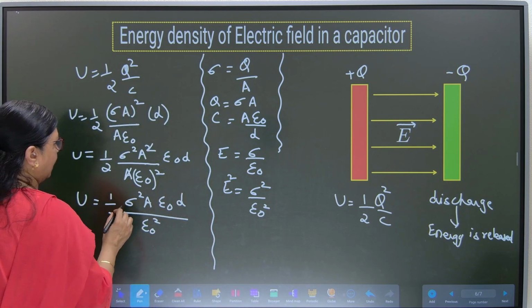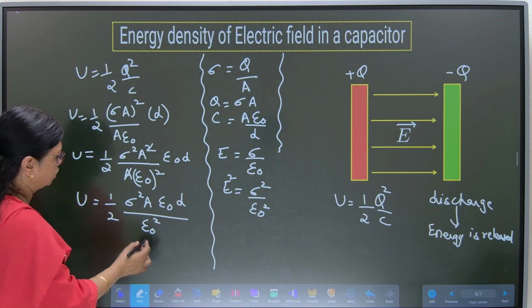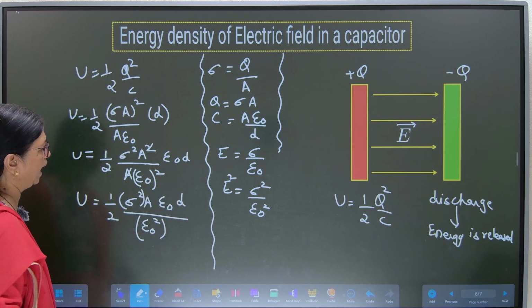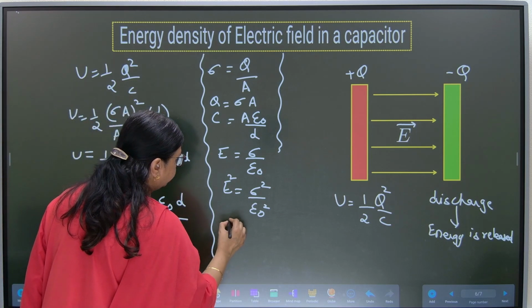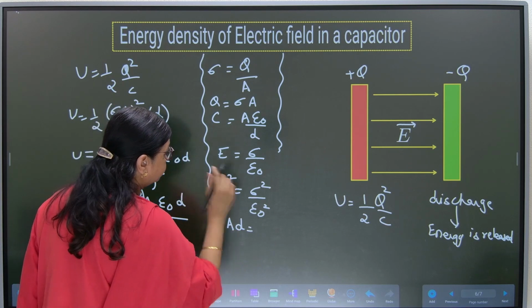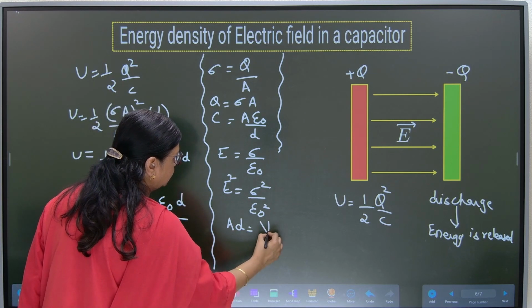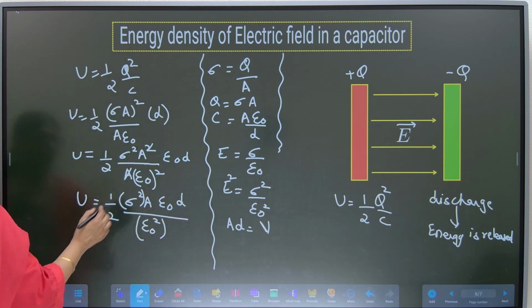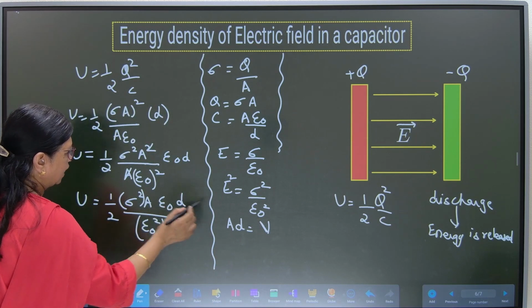So here I have sigma square upon epsilon naught square, so we substitute E square instead of that. We also know that AD is equal to the volume of the capacitor, so we write it as volume V. So we can write AD together as volume.